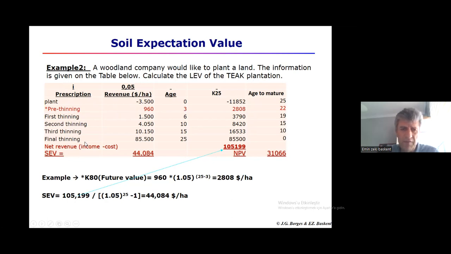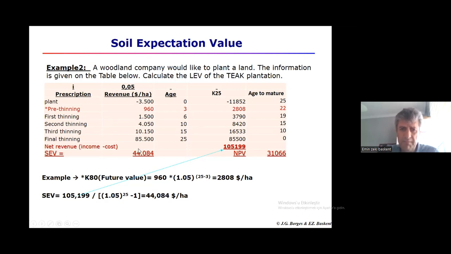There are a number of thinnings: first thinning, second thinning, and third thinning. There are three sequences of thinnings, occurring at the ages of 6, 10, and 15. And there is also final harvesting at the age of 25.